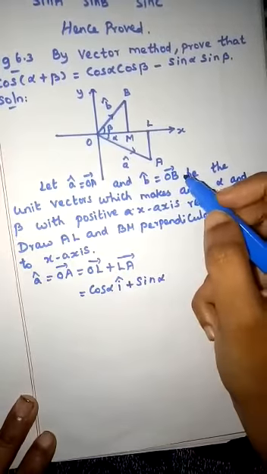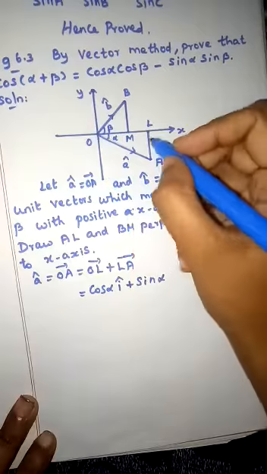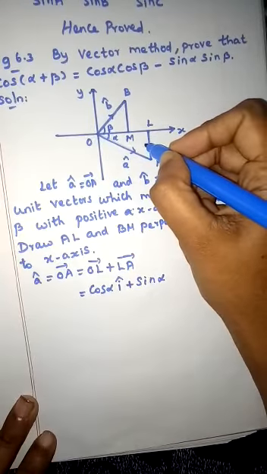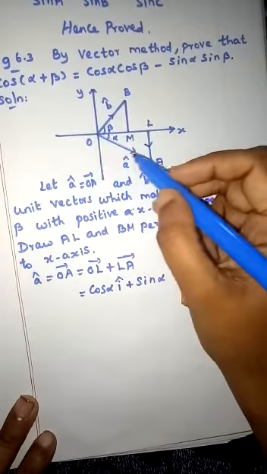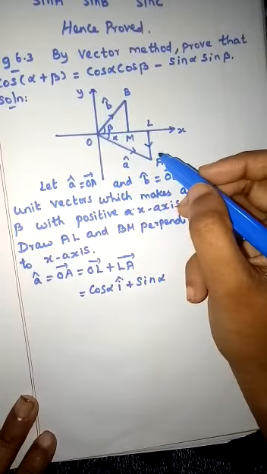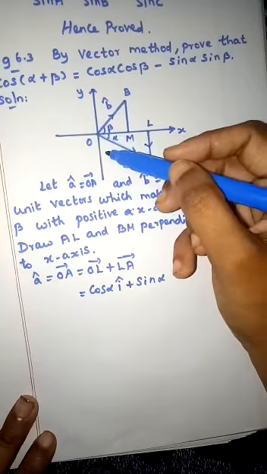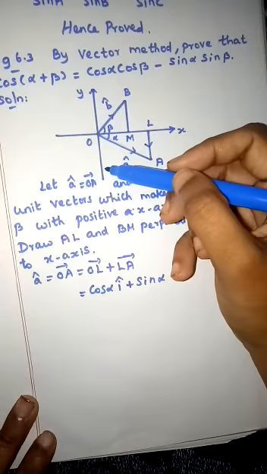And here we have to see the direction. L to A is parallel to y-axis, which means J cap only we'll put. But you see here it is below the x-axis, so the y values will be negative.